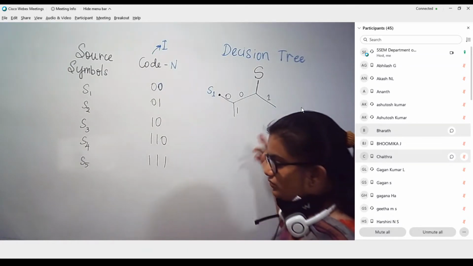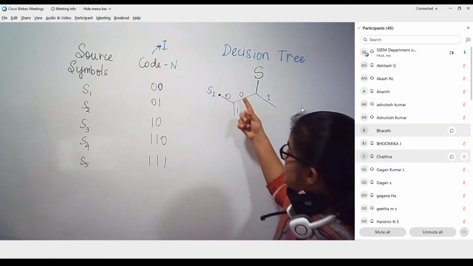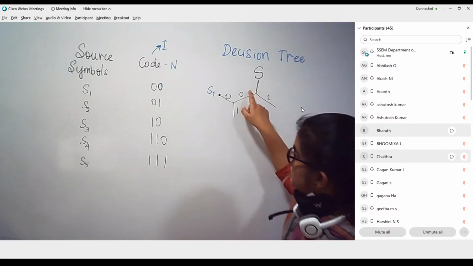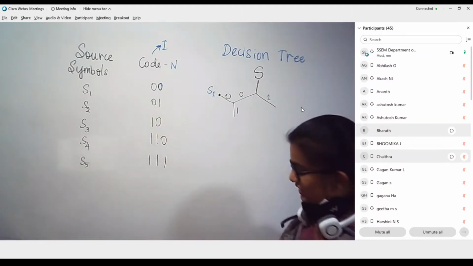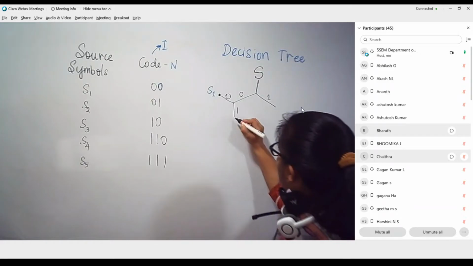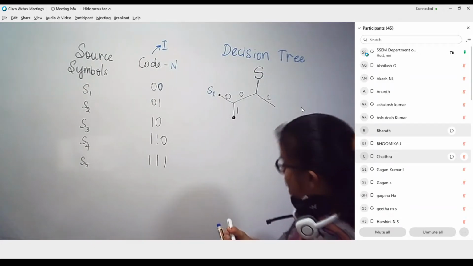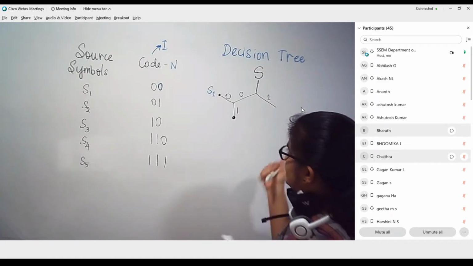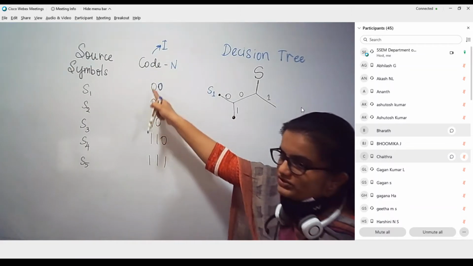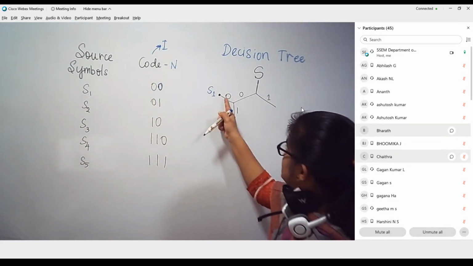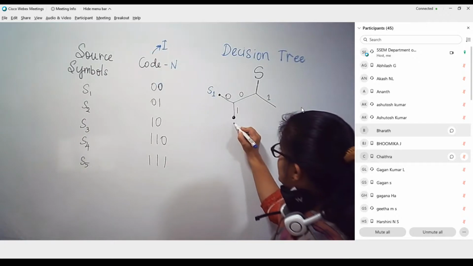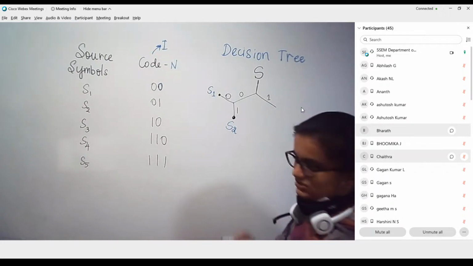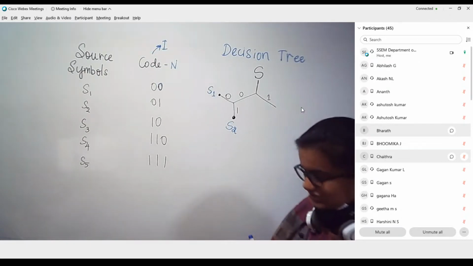Then coming to 0 1, that is also another symbol, so I can terminate here. There are only two codes starting from 0: one is 0 0, the other one is 0 1. So this particular branch corresponds to symbol S2.